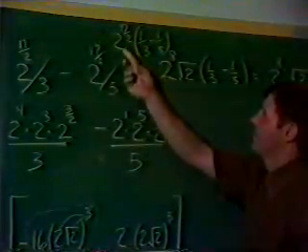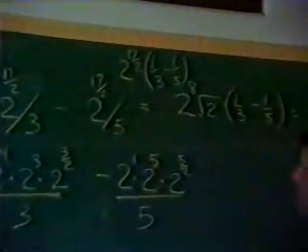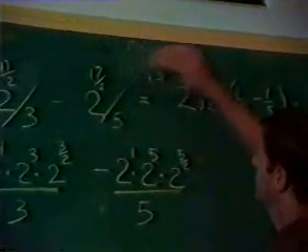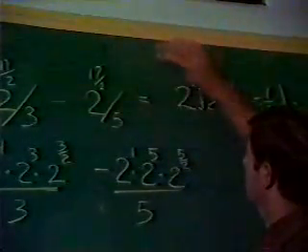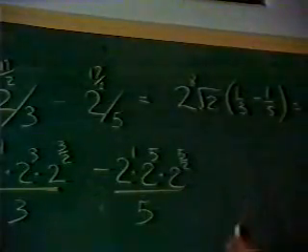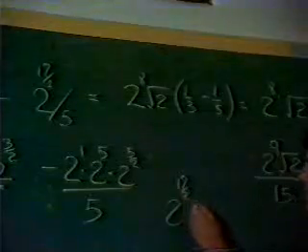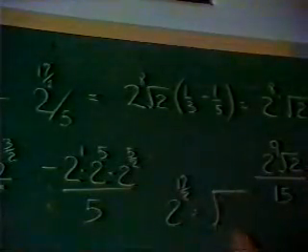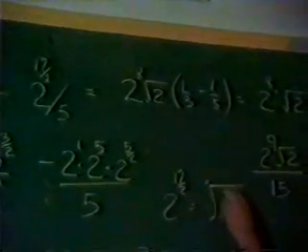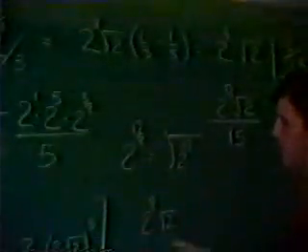When I simplify 2 to the 17/2, there are several ways to think of this also. Again, how you do it isn't as important as the final result. 2 to the 17/2 is the square root of 2 to the 17th, and that's 2 to the 8th times the square root of 2.